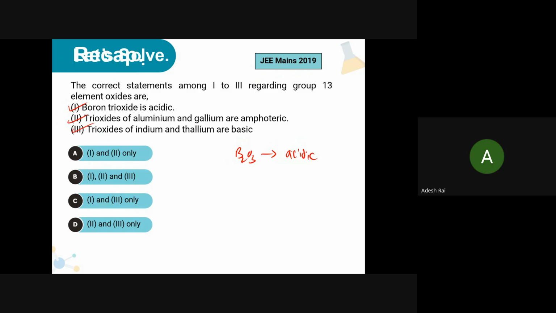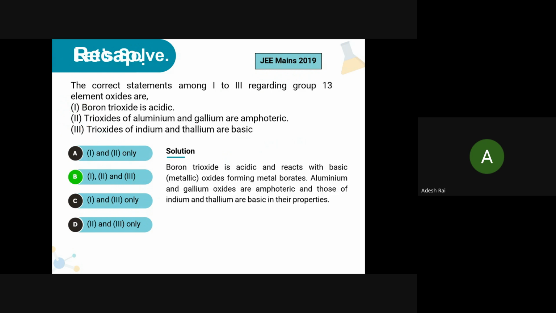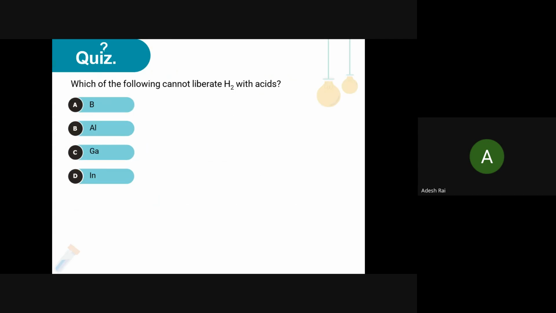Is there any option with all three statements? The option is B, which has all three statements correct, right? So non-metal oxides are acidic, metal oxides are basic, and aluminum and gallium show amphoteric oxides.